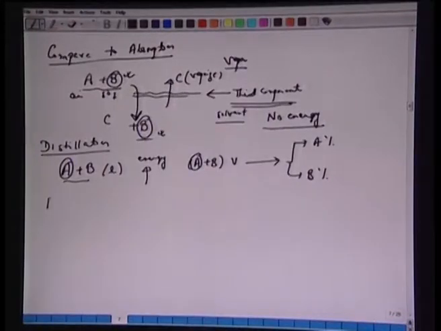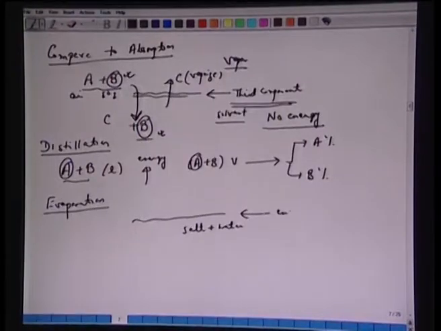If you have evaporation, compare this to another unit operation. Evaporation, which you may have done in some other course, mass transfer 1, where we have the salt plus water. You give energy to vaporize, now you have water vapor, salt does not get vaporized.